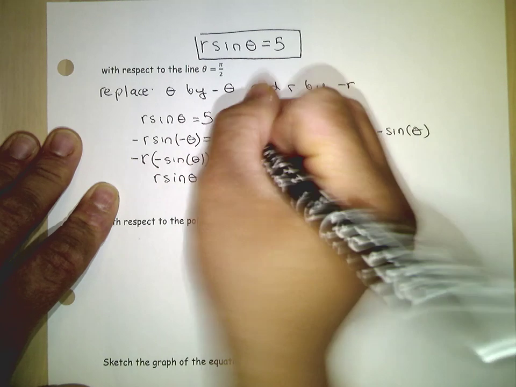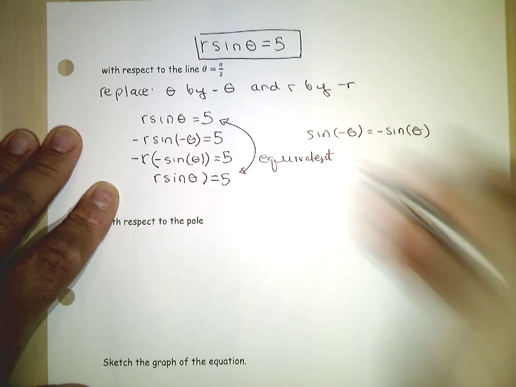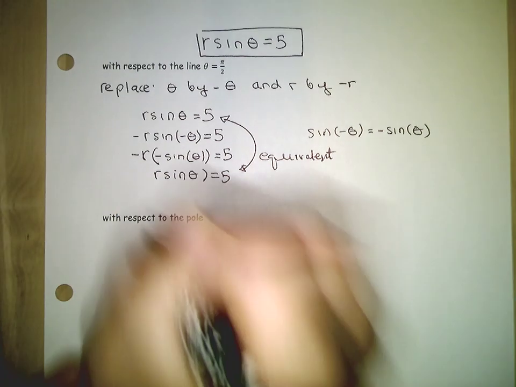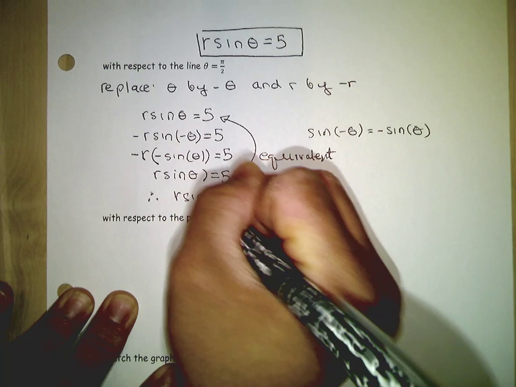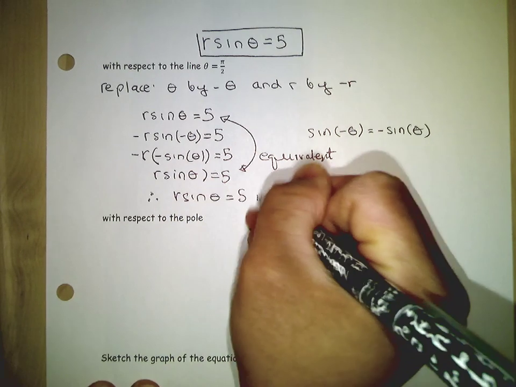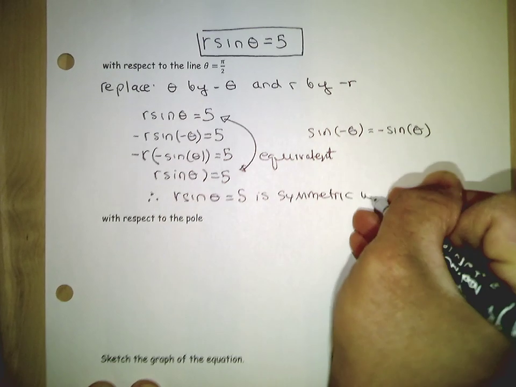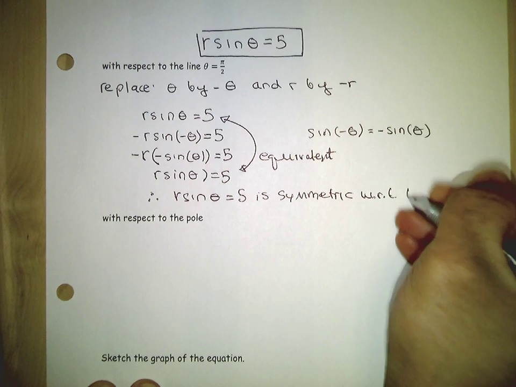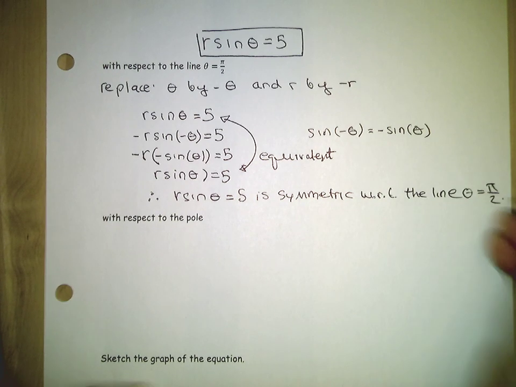These two are equivalent, what we had before and after we did the substitutions. So therefore, r sine of theta equals 5 is symmetric with respect to the line theta equals pi over 2.